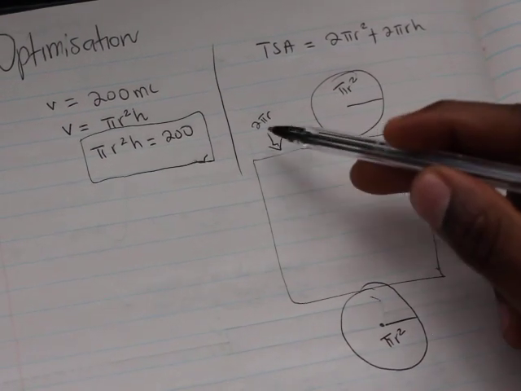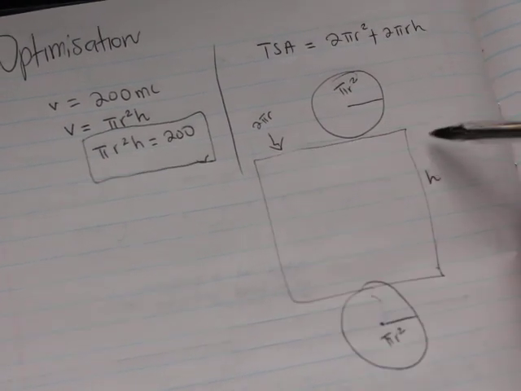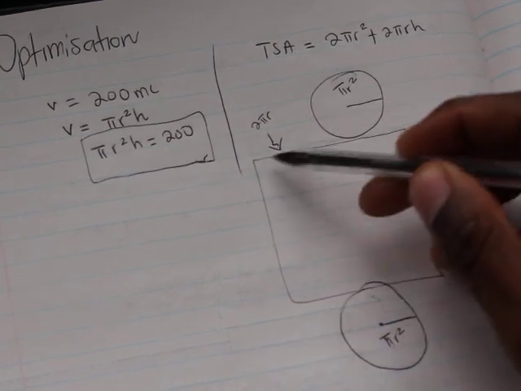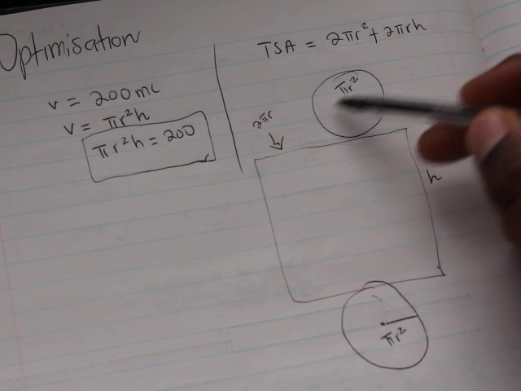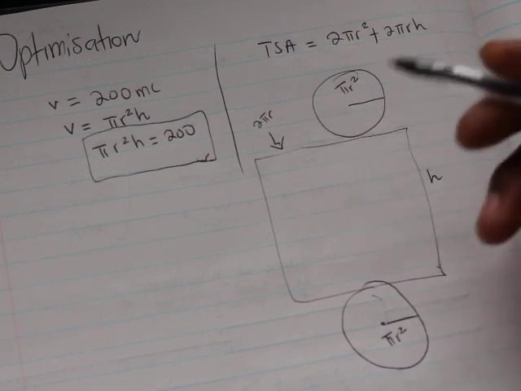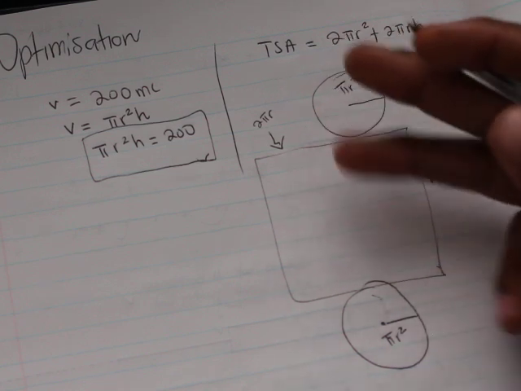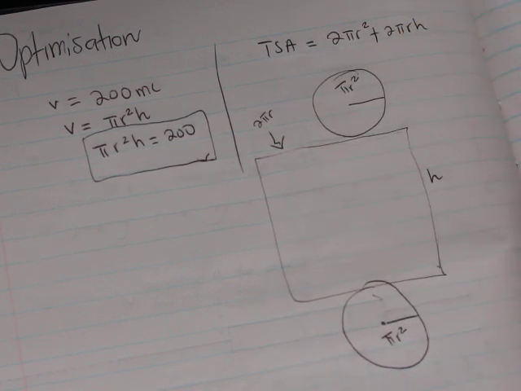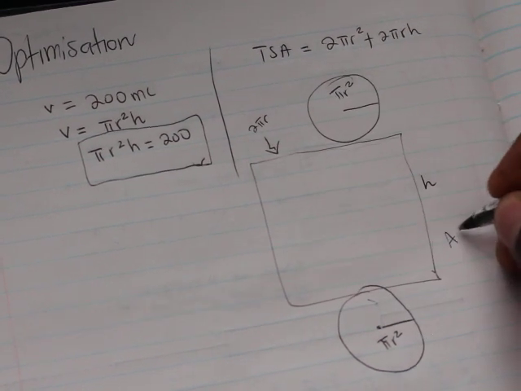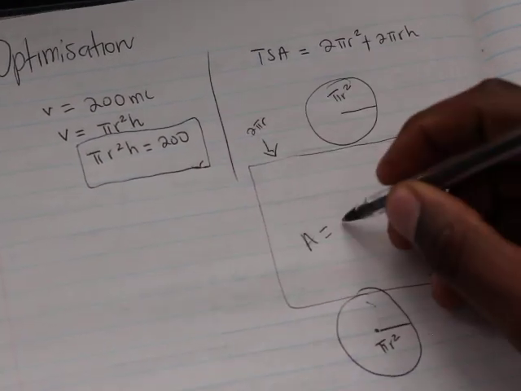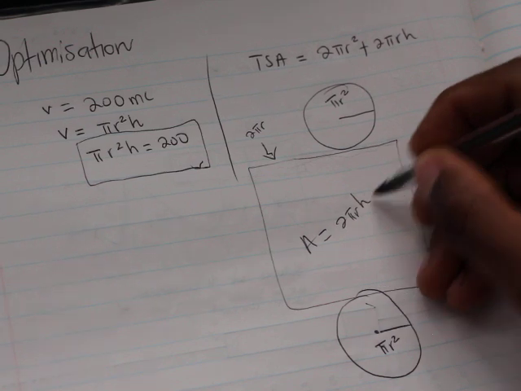So if you multiply the 2 pi r h, which is the length of the circumference, this part here, which is basically the edge of the circle, that goes together with that circle over there. If you multiply the two together, that's just length times breadth, because you can see that this looks like some kind of rectangle. So the area for this part is just going to be 2 pi r times the h. So that's 2 pi r h.